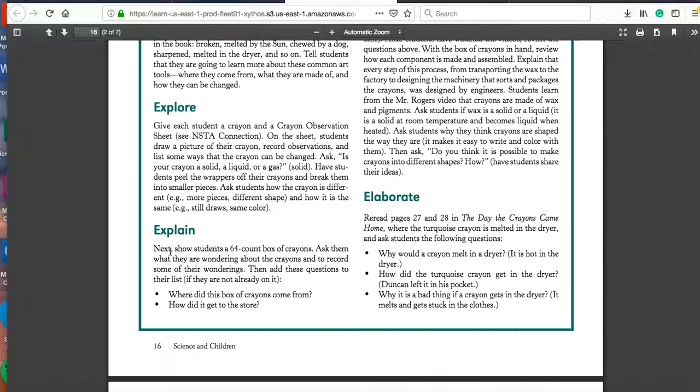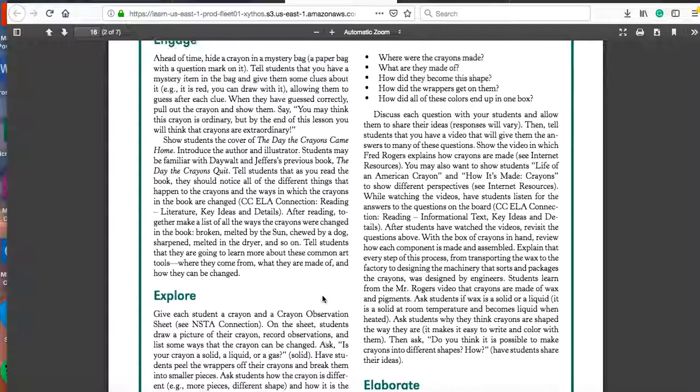During the Explain portion of the lesson, the teacher would show a 64 count box of crayons and then ask questions such as where did this box of crayons come from or how did they get to the store?